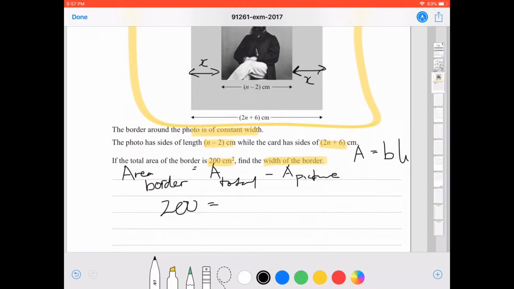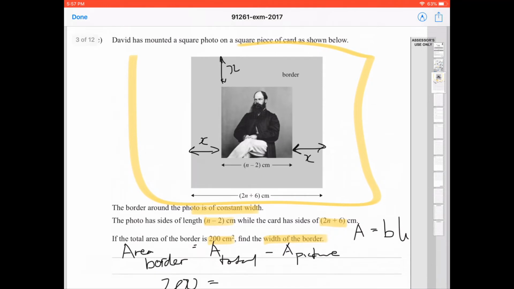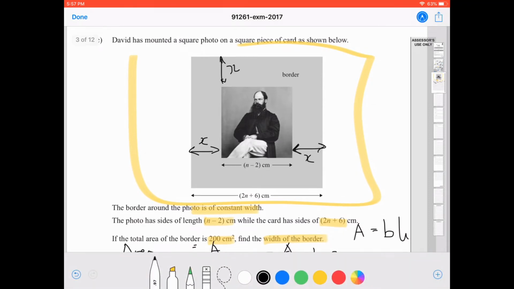So area total, now it's a square piece of card, that's important, which means the side lengths are the same, and it's a square photo as well, right? So we've got 2n plus 6 is our base, but it's also our height, so 2n plus 6 we can write. And for the photo, n minus 2 all the way around, so n minus 2.